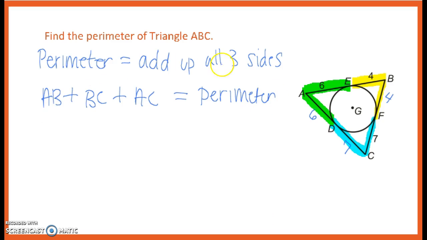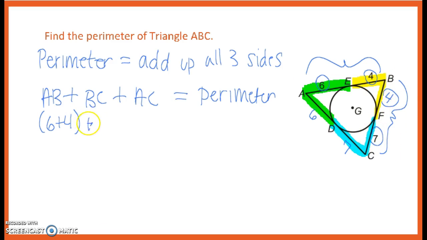Well, AB is just 6 plus 4, that whole side. BC is 4 plus 7. And then finally, AC is 6 plus 7.